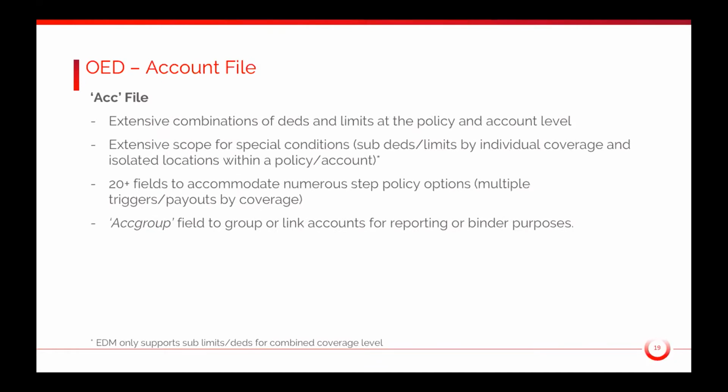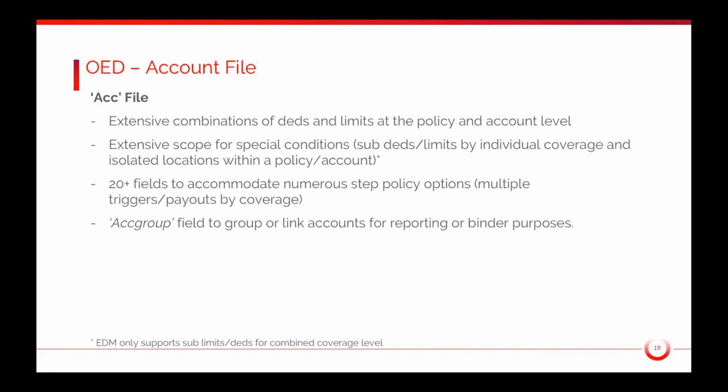So account file, again, it has a lot of fields. I think there's over 200 fields that account for a very extensive and detailed scope of your combinations of limit deductibles and your special conditions. And you can also isolate locations within those policies and accounts if you need to apply financial terms to specific locations or perils, or if you want to exclude some perils.